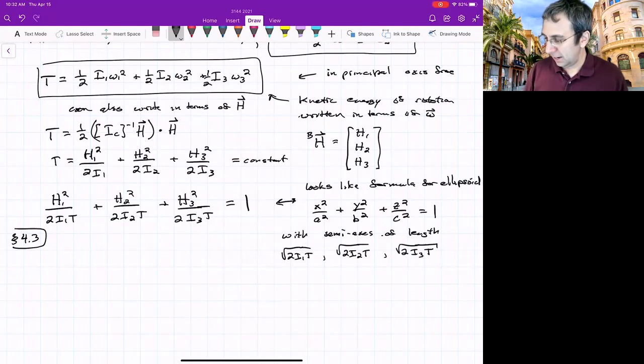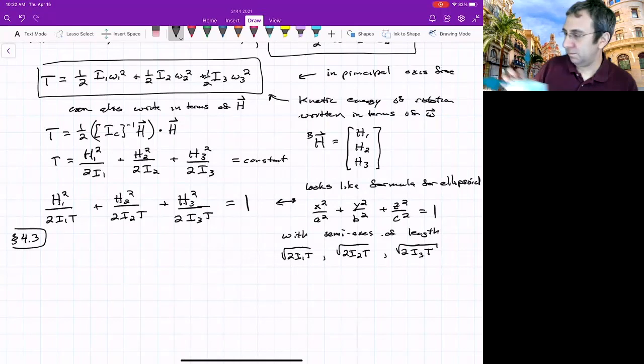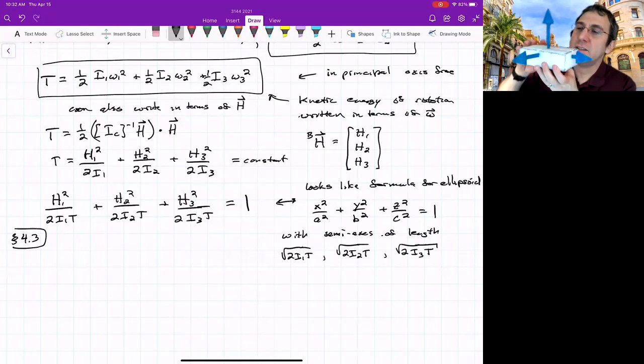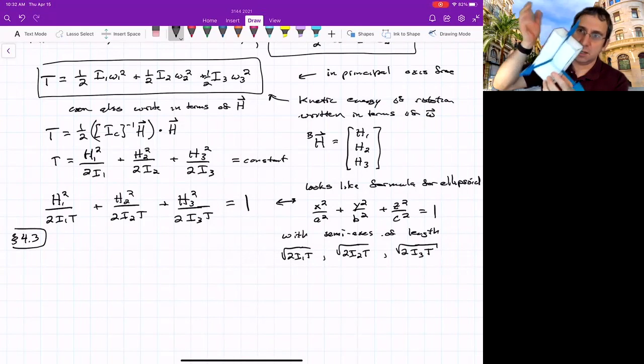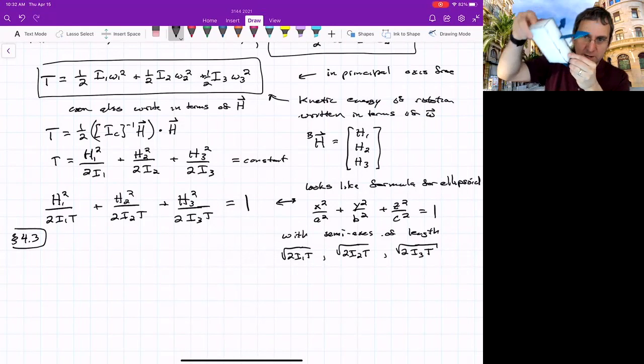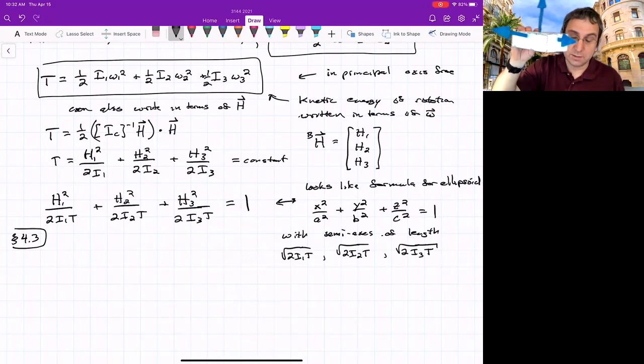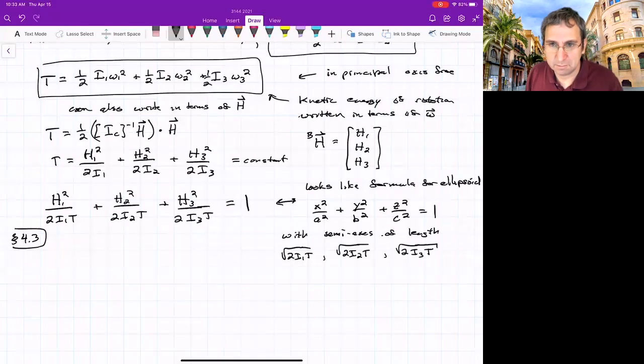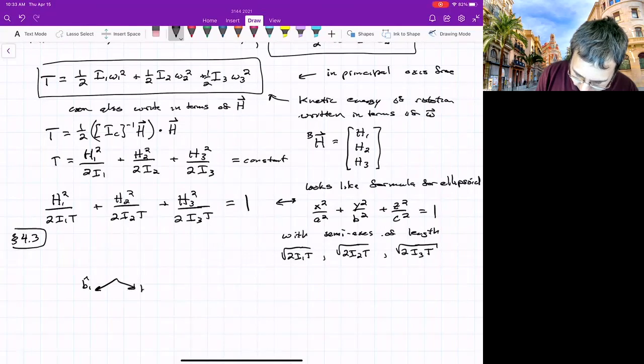When a general, I don't have a general shape. Yeah, I do. Well, this one's general. If this is undergoing free rigid body motion, so it had some initial condition and now it's just moving about its center of mass, rotating, it needs to conserve energy. But if we view that in this space of H1, H2, and H3, so just think of the body fixed axes, but you could also call this the H1 direction, H2 direction, and H3.